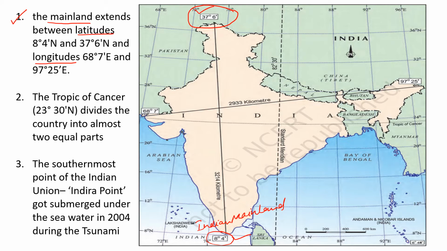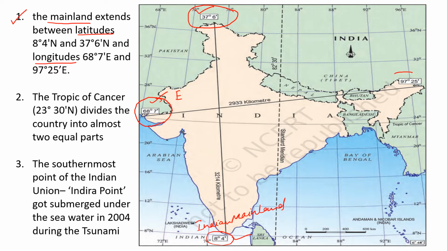The northernmost point is 37 degree 6 minutes. These are latitudes, and in terms of longitudes, 68 degree 7 minutes east. We use east because India lies in the eastern hemisphere.